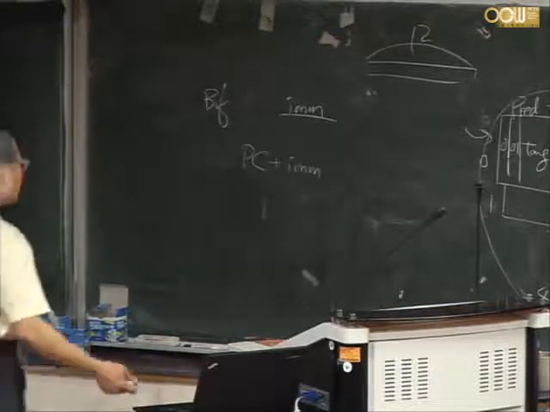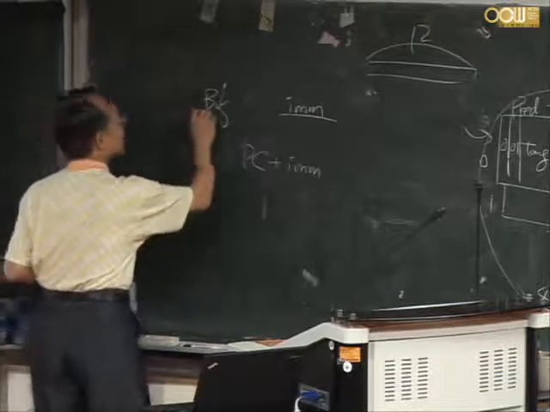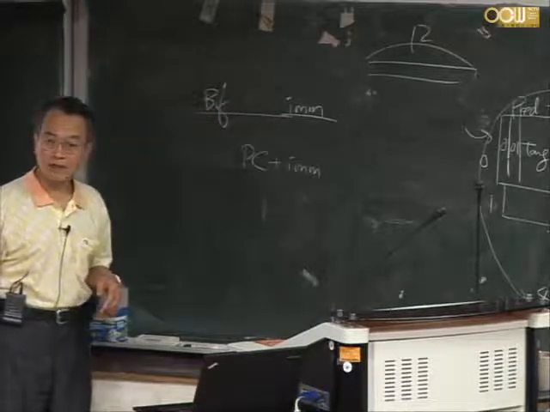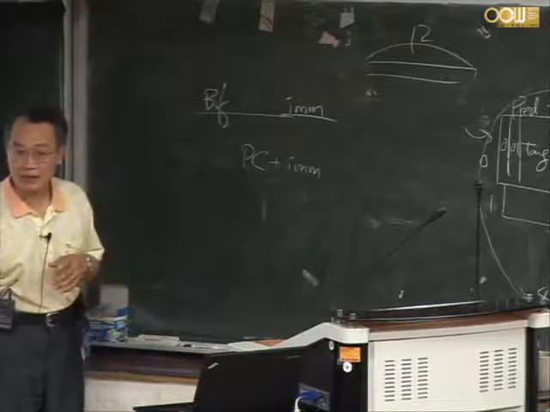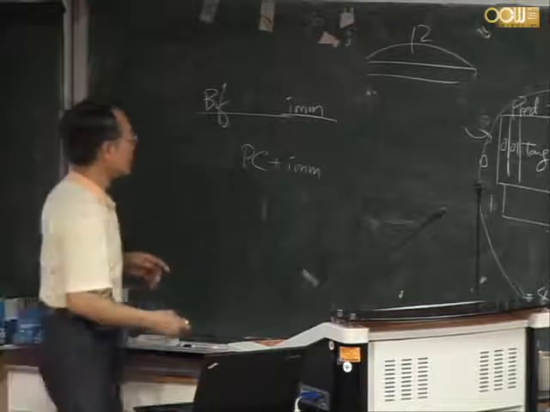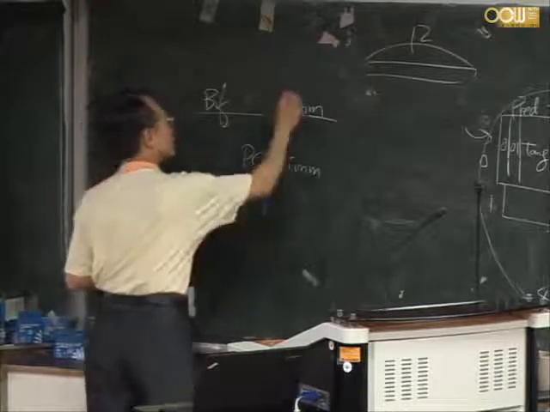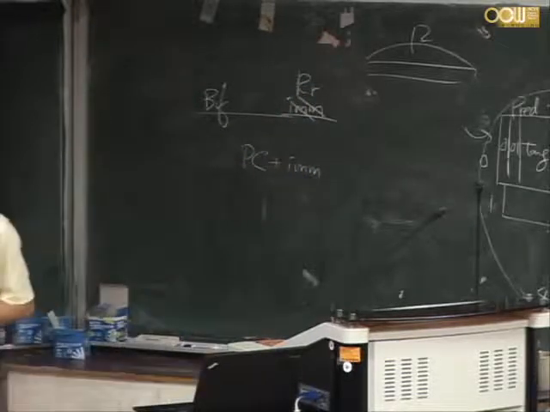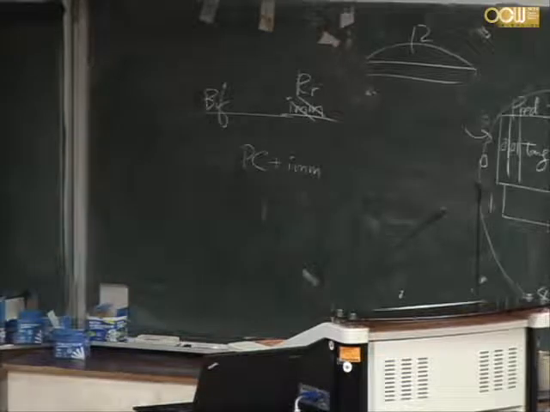Why will it not change? Because my instruction set architecture says so. However, if you design another kind of instruction set architecture, which says this can be a register, then you need to develop another scheme to deal with this.